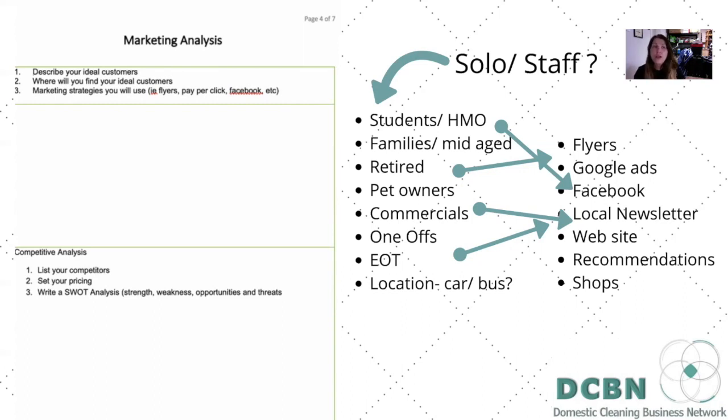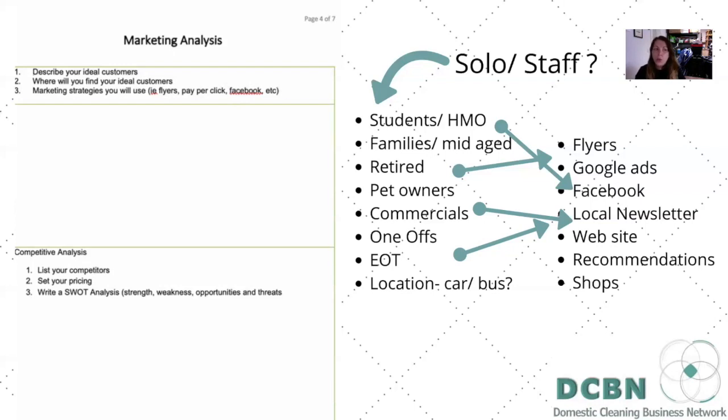So choosing your ideal customer is the first part of the analysis. Say, for example, your ideal customers are mid-aged, busy families with young children, working full-time. They don't have time to do any cleaning. They're really busy and they are crying for help.